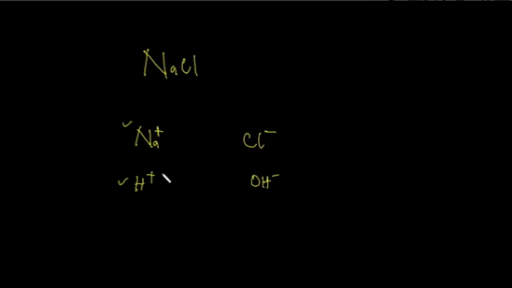Because the 2 of them will go to the cathode, the 2 of them will go to the anode. So who are you going to discharge amongst them? When these 2 get to the cathode, who are you going to take? When these 2 get to the anode, who are you going to take?